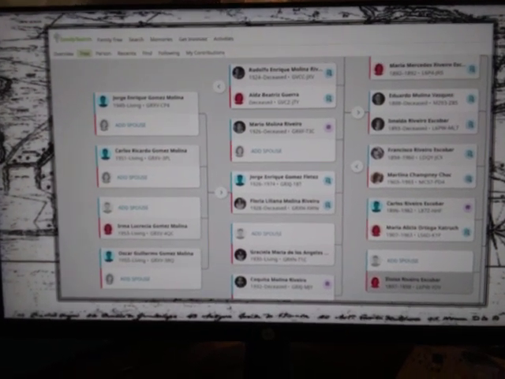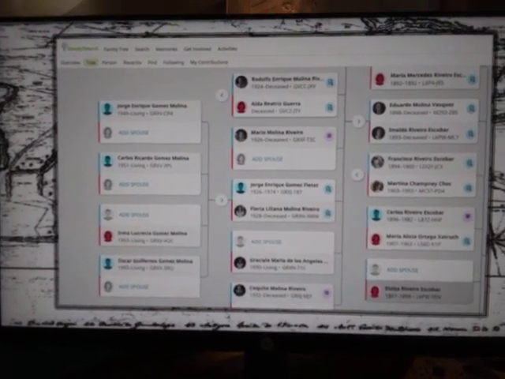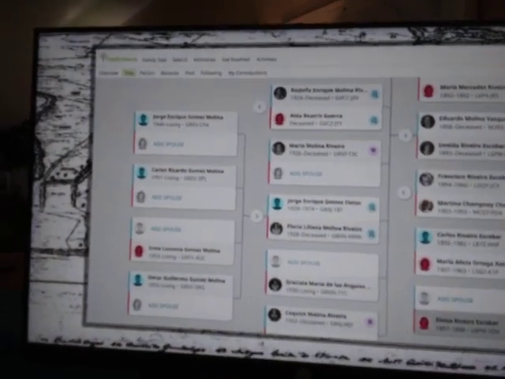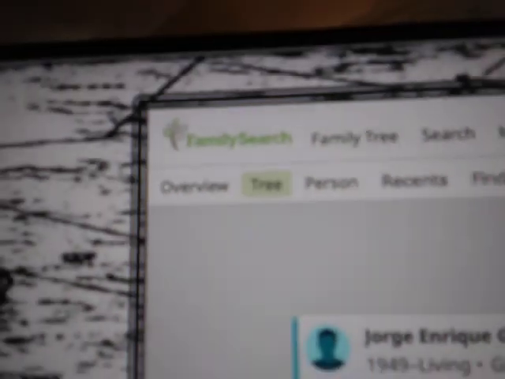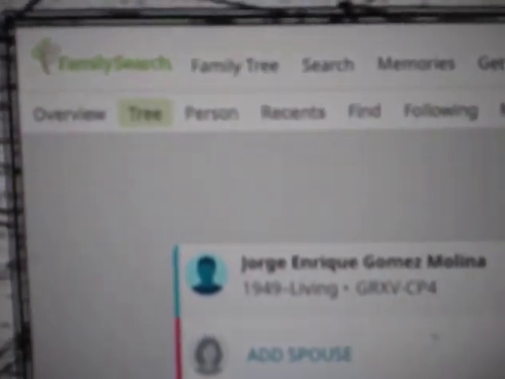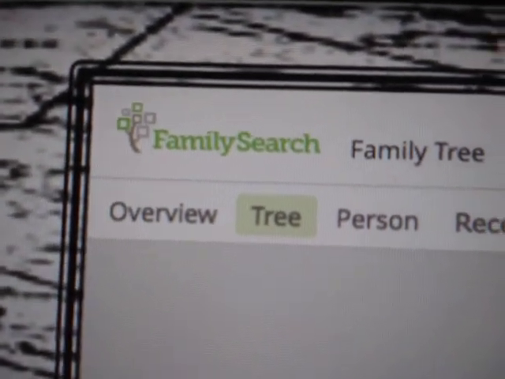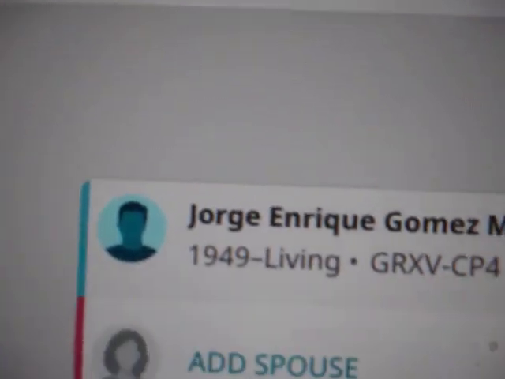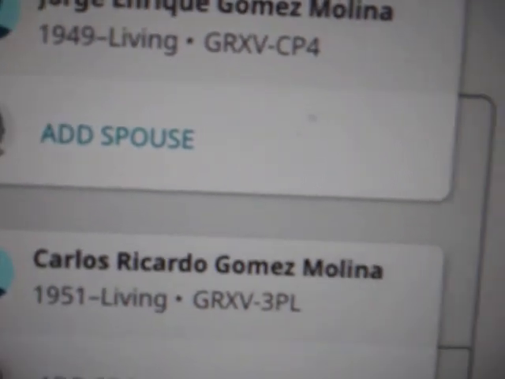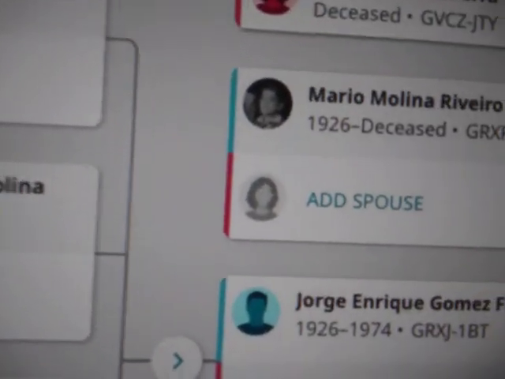This is the site where I have been finding info of past ancestors, and it's called, as you guys can see up here, let's see if we can focus, Family Search. And this is what the tree looks like.